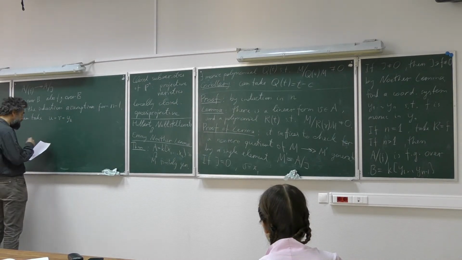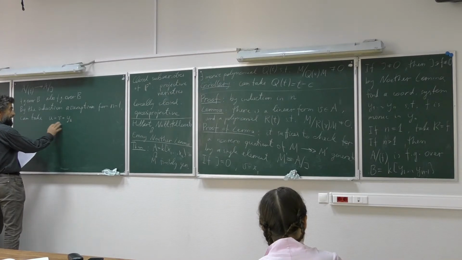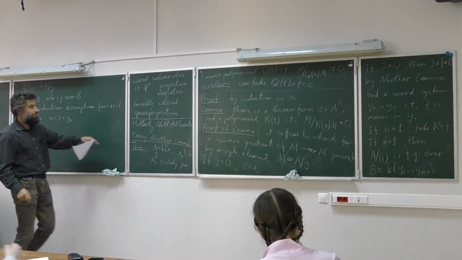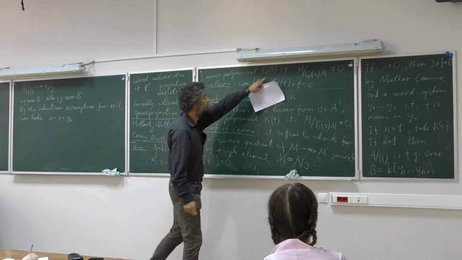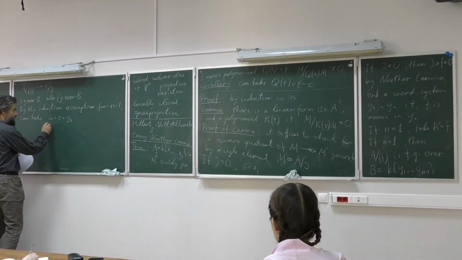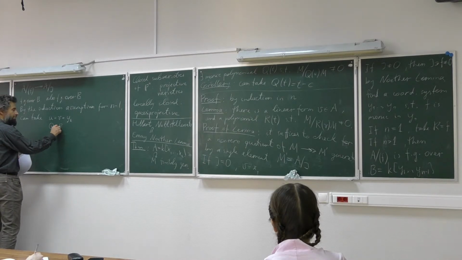And then for this U, this theorem asserts the existence of polynomial Q, yeah? And this will be our polynomial R.